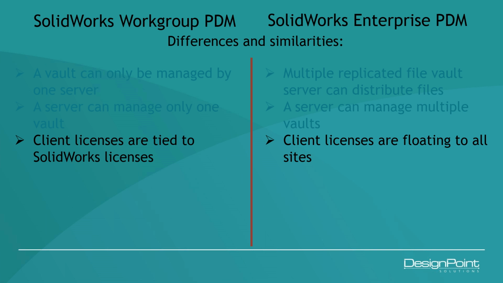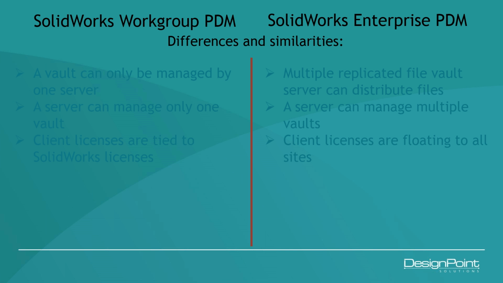A contributor can check files in and out from Windows Explorer and can approve documents, and a viewer is able to view and print the files. But like I said, everybody has floating licenses, and they can use them.